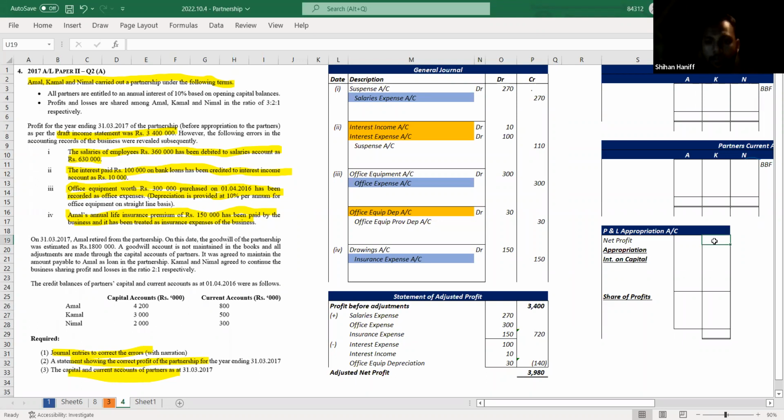So that goes to the profit and loss appropriation account, 3980. Okay. So that's about error correction.